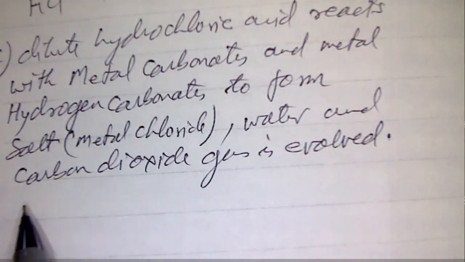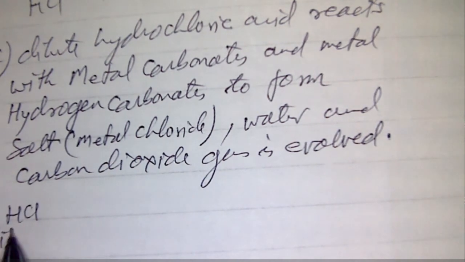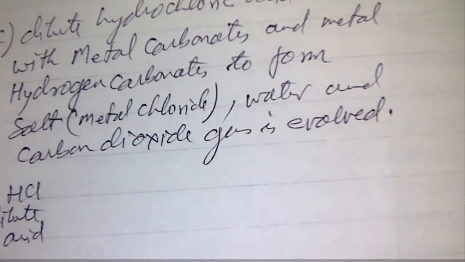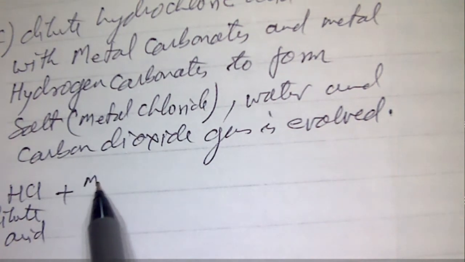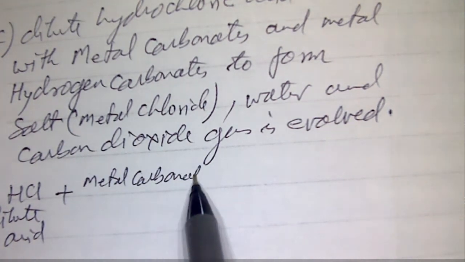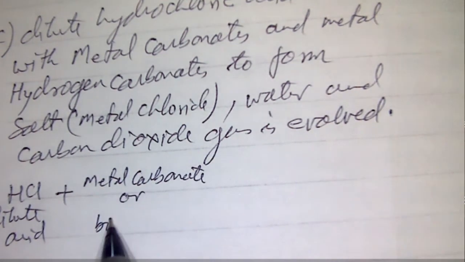What I can say here, I'm again taking HCl, and this is dilute acid. Remember, acidic properties means we are always talking about dilute acid. To this, what we are going to add? Metal carbonate or bicarbonate.